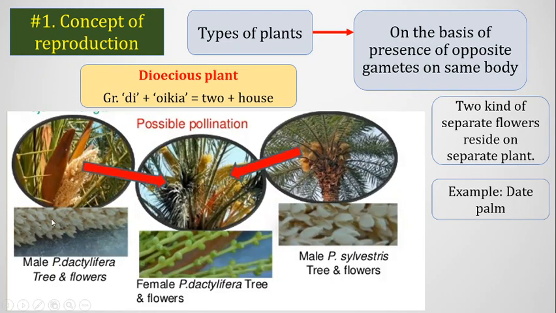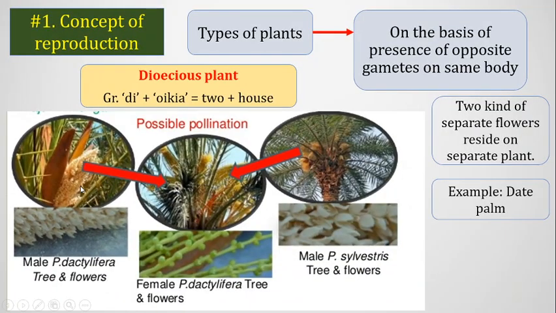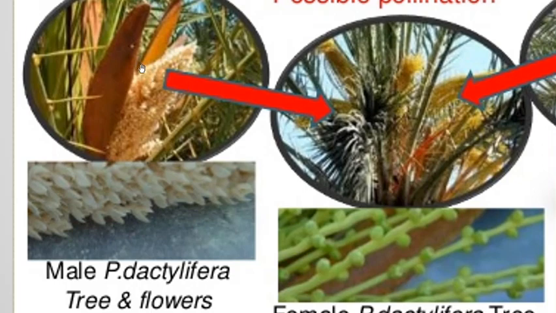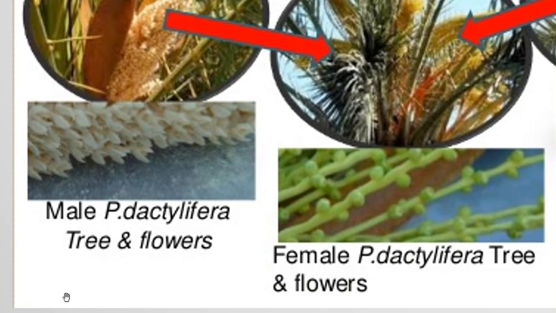So here we will see that the date palm plants that contain male flowers are called male date palm. The one on the left is actually a male plant that contains only male flowers. The scientific name of Arabian date palm is Phoenix dactylifera.